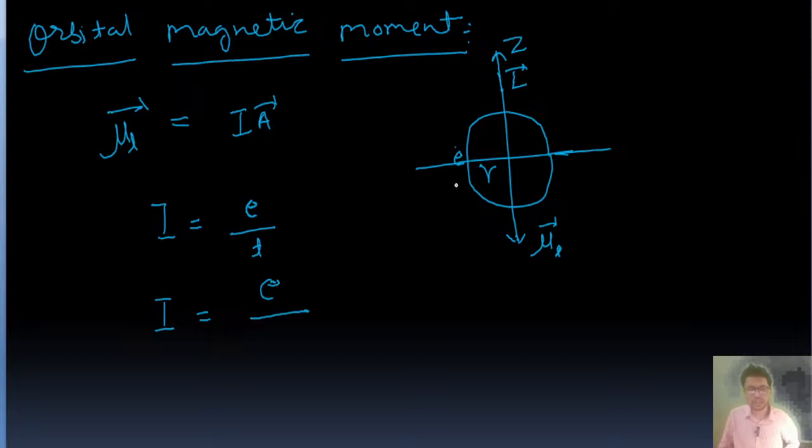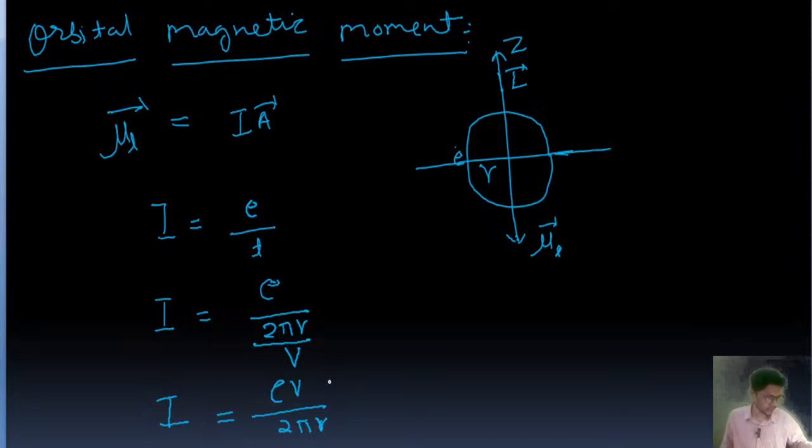The time is the circumference 2 pi r upon v, since the electron moves with velocity v in the circular orbit. So I is ev upon 2 pi r.